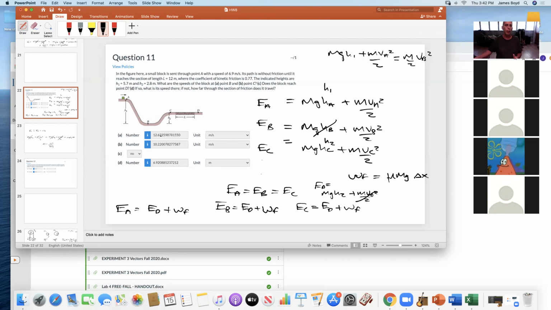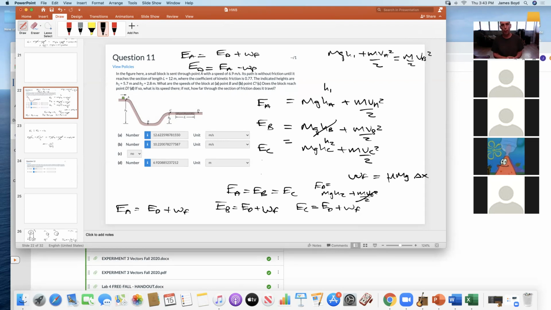In a way, you could write EA is equal to ED plus work of friction, or you could write ED is equal to EA minus the work of friction, whichever way you see it. I don't really care which way you write it, but the initial energy is equal to the final energy at D plus the work of friction, or the energy at D is equal to whatever initial energy you had minus whatever work was lost to friction, whichever way you like to see it.